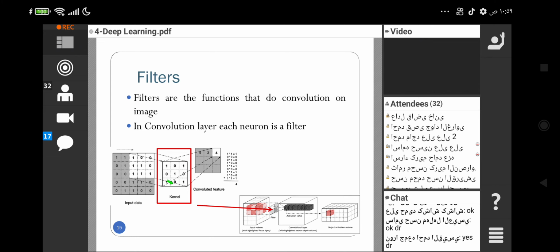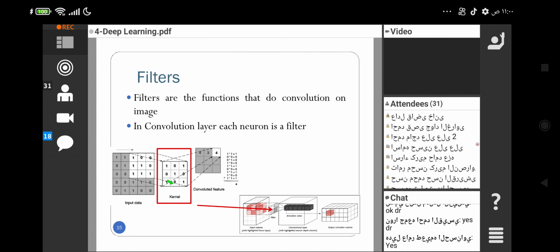So the parameters which are learned in the convolution layer are the values inside the kernel or filter. This is a very important point.